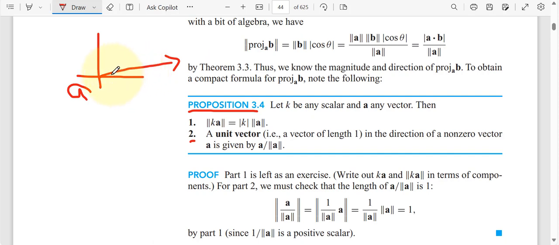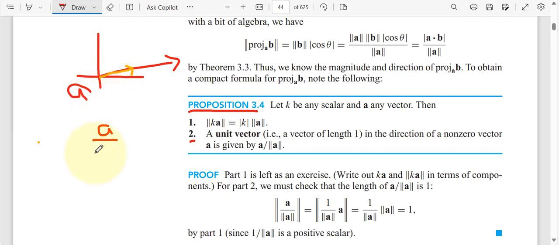But if you want to get a unit vector in the direction of A, for example, suppose that orange one has length 1 and it's still in the direction of A, so we'd call it the unit vector in the direction of A. So how do you get it? Well, they say all you have to do is take A and divide it by something, which makes sense, right?